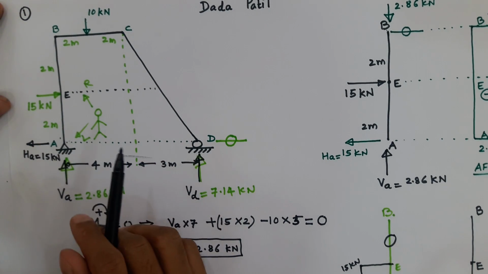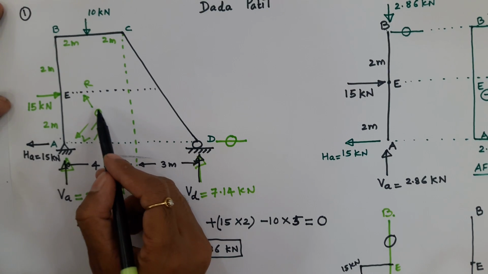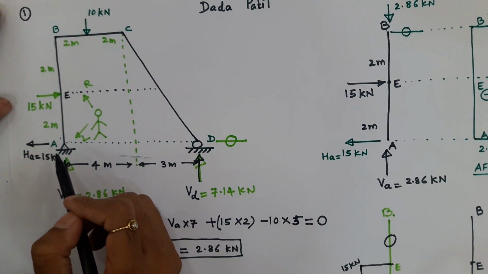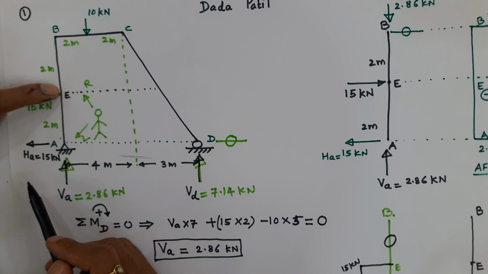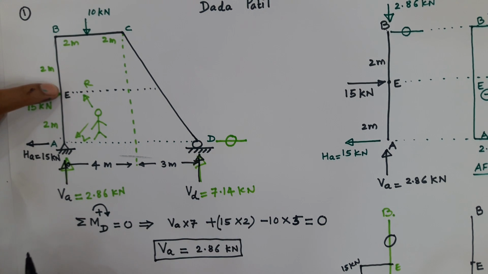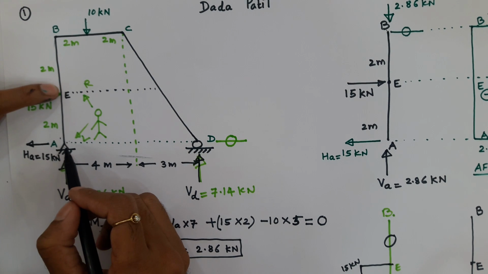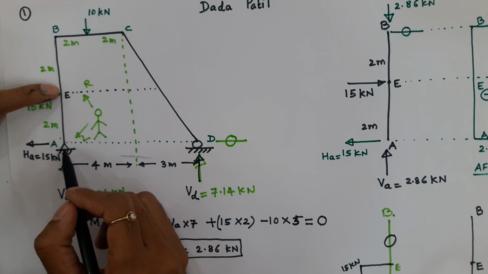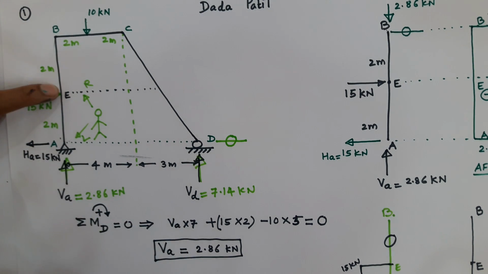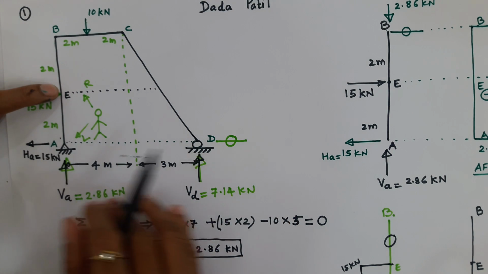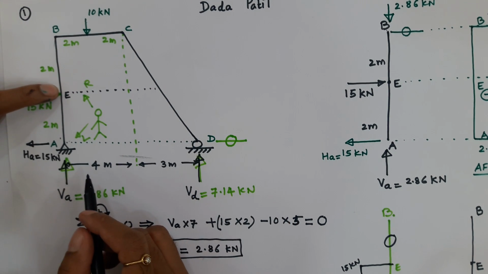Now what is the sign convention? Very simple. Again you have to stand inside. Now I want to take the bending moment at E. Again the sign convention can be as per the convenience of different students, but the better way is, if the force is causing this part to open out like an umbrella, then you can take that bending moment as positive. And if the force is causing this part to close, then you can take it as negative.